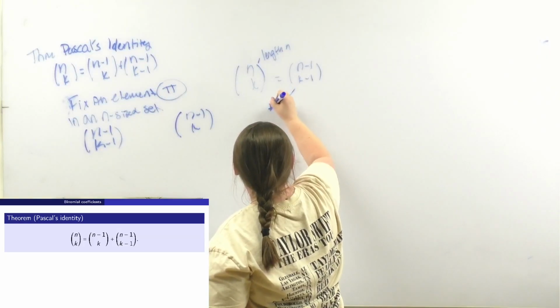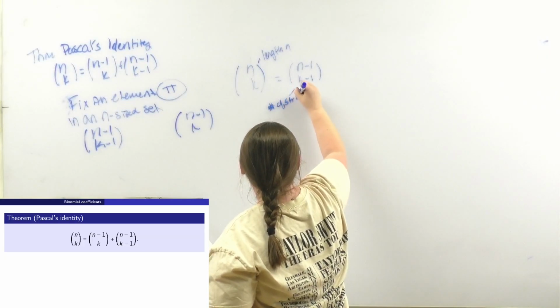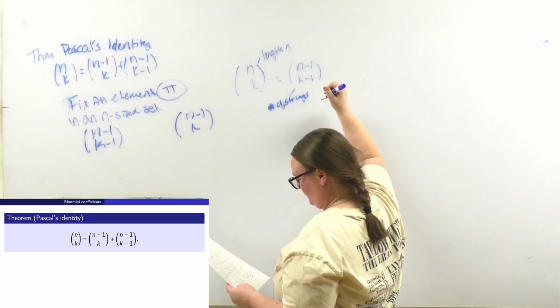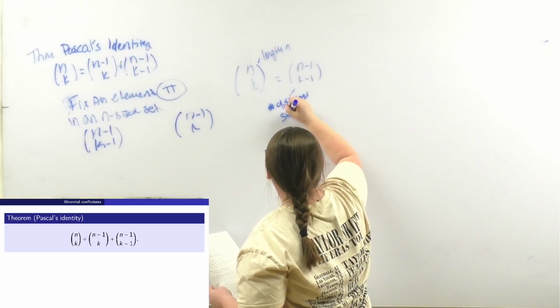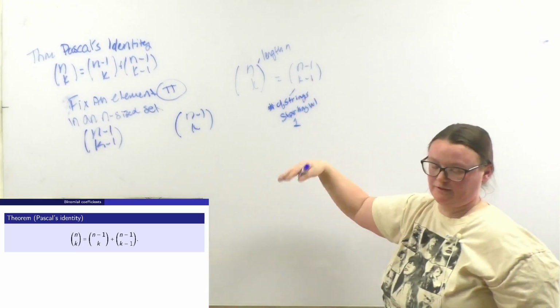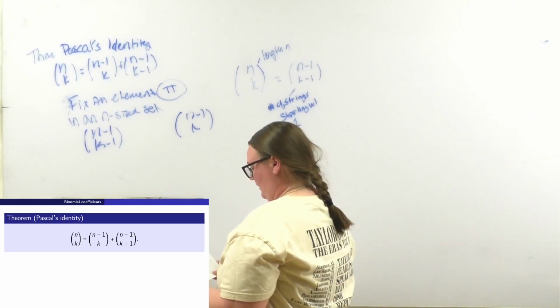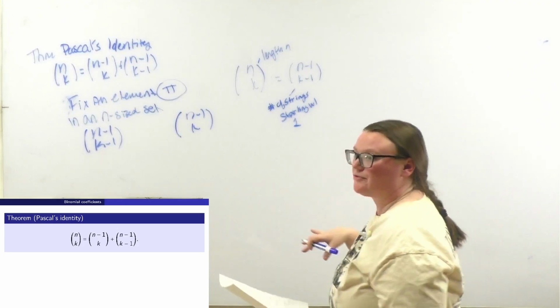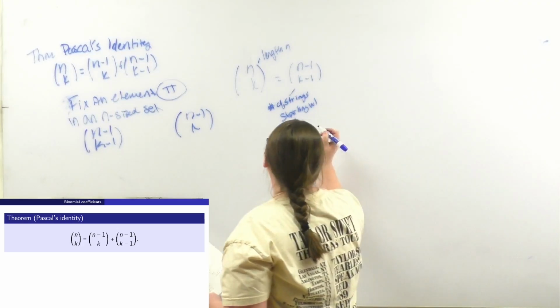the number of strings starting with 1. Because if we chose 1 first, our string starts with 1. And our pool, like what we can choose from, is now limited to n minus 1.